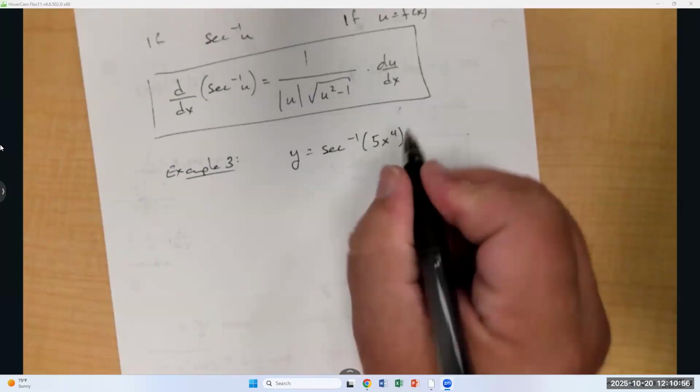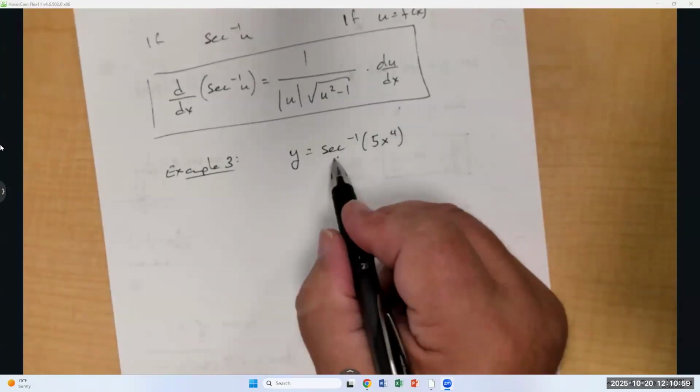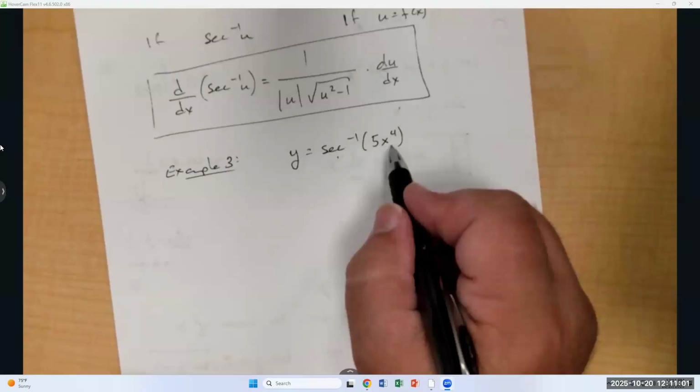So my function is the inverse secant, arc secant, of 5x to the fourth.